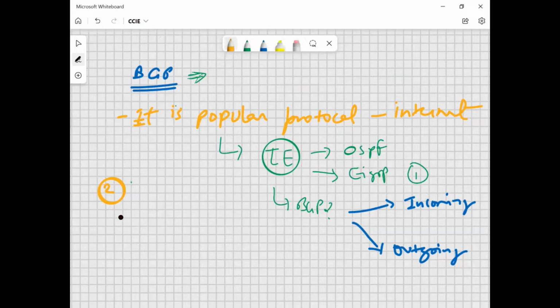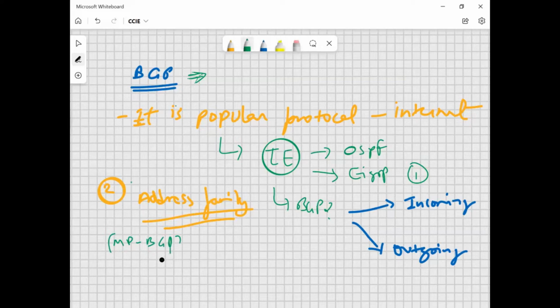The second thing is, have you heard about address family? What are those? Basically, MP multi-protocol BGP support is there. It supports MPBGP, that's true.